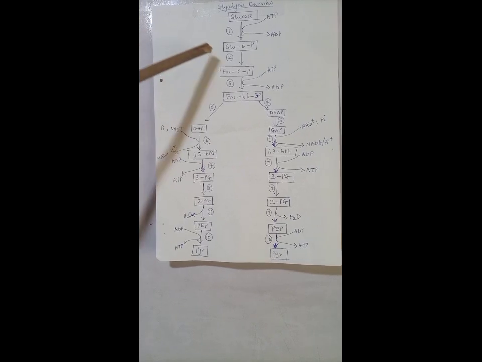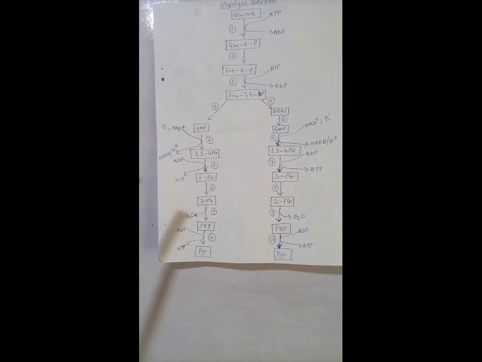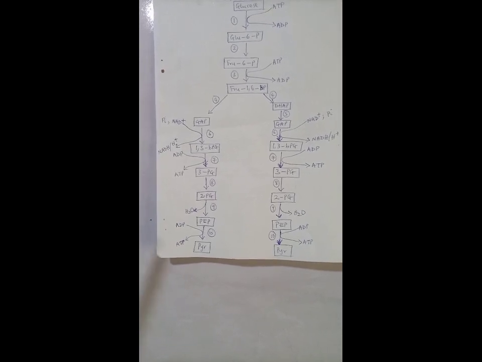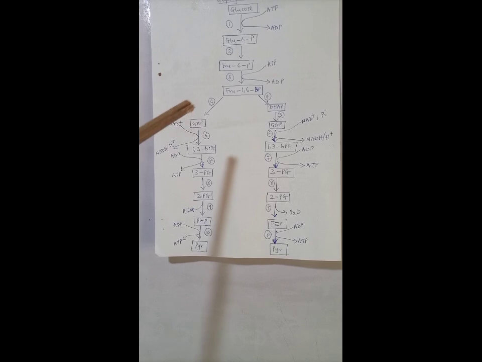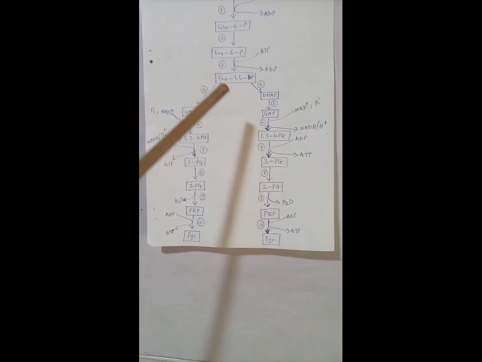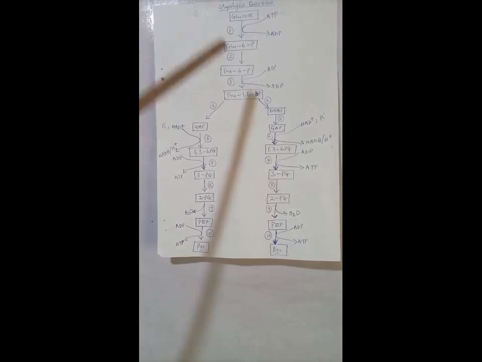Of course, glucose 6 phosphate is converted to fructose 6 phosphate by the enzyme isomerase. So you have that produced there as fructose 1,6 bisphosphate, and this fructose 1,6 bisphosphate is split right down the middle to form your dihydroxyacetone phosphate and glyceraldehyde 3 phosphate, giving two triose sugars from fructose 1,6 bisphosphate.